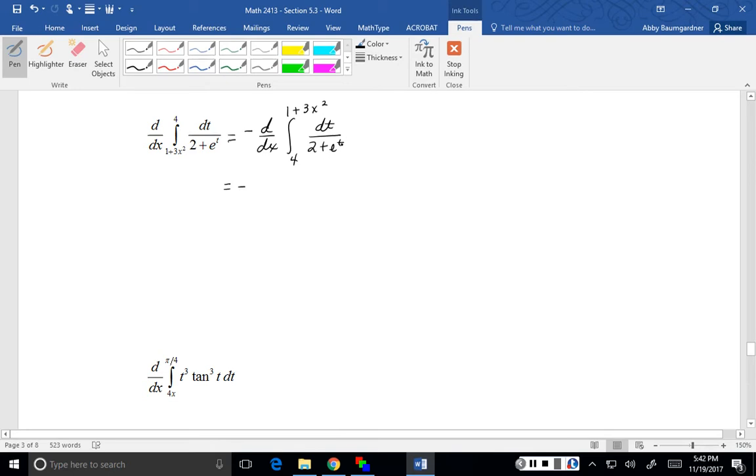Anywhere we see a variable, we're going to replace it with that upper bound. But then we have to come back and multiply by the derivative of this upper bound. So a negative 1 times 6x, so negative 6x over 2 plus e to the 1 plus 3x squared. Pretty straightforward at that point.